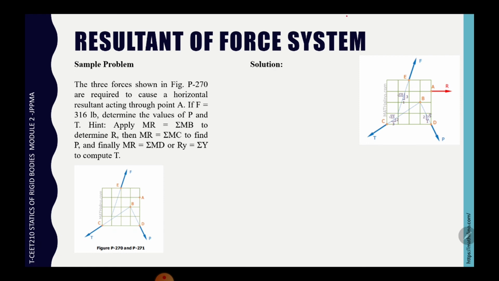And, ayan, summation of moment at D is equal to MR. Ganun pa din. So, si Fx times 4 plus Fy times 2 minus Ty times 4. Kasi dito lang siya, Ty.